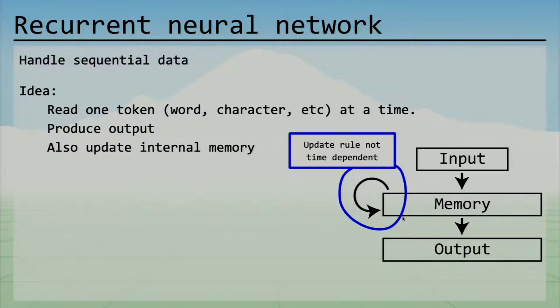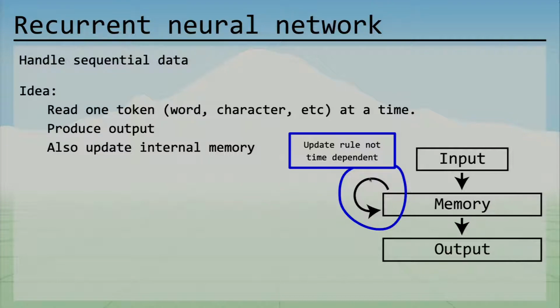So the idea here, again, is we are going to be handling sequential data. We are always reading some input, and then we're also doing some update to our memory at every given time step. So basically we're taking whatever our previous memory was, doing some operation that is the same at every time step.